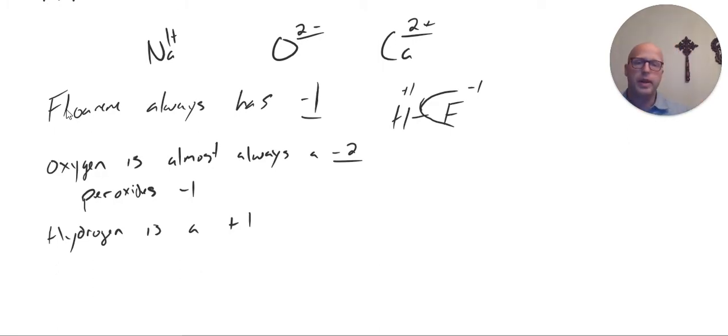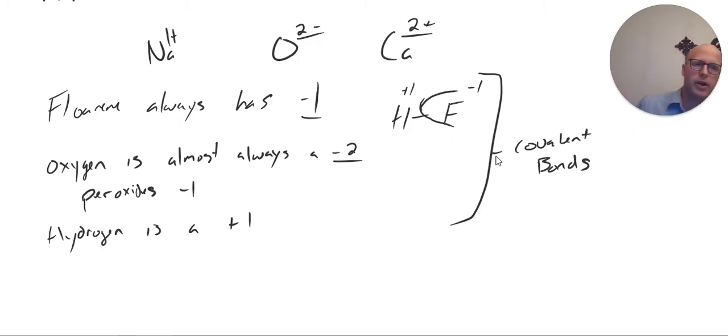And this is in covalent systems. All these rules I just talked about down here are for covalent systems or covalent bonds. And these are the values that we know. So let's take a look at what we can do with this.